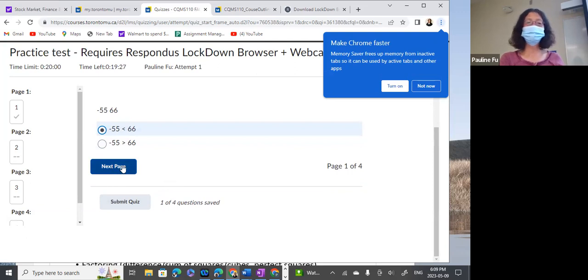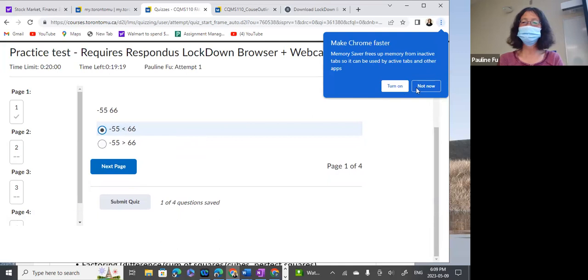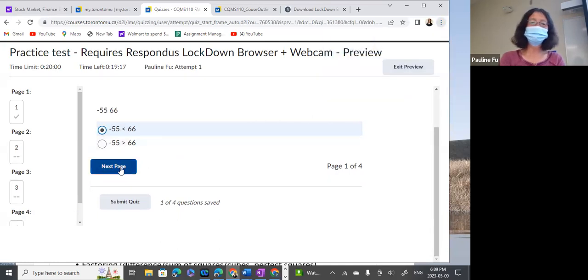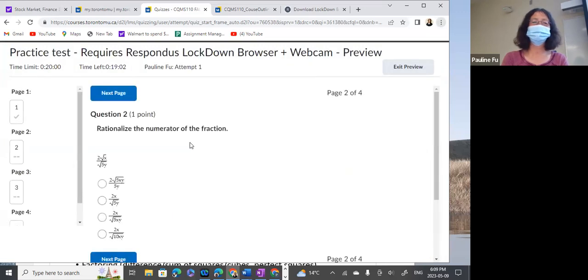Before you click next page, make sure this is the answer you want. One page, one question. Then you click next page and it gives you the confirmation: if you move to the next page, you will not be able to come back to this page. Are you sure you want to continue? Yes.